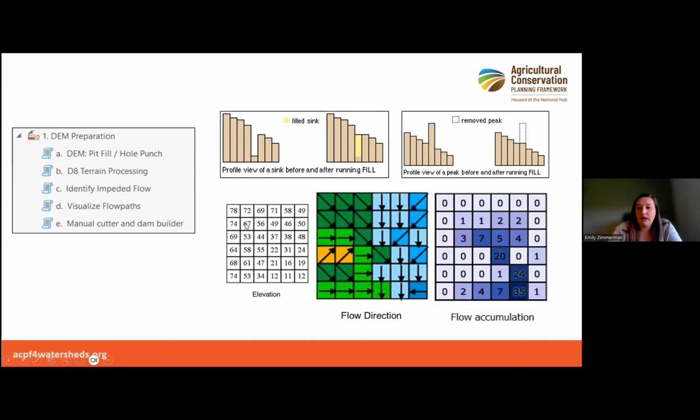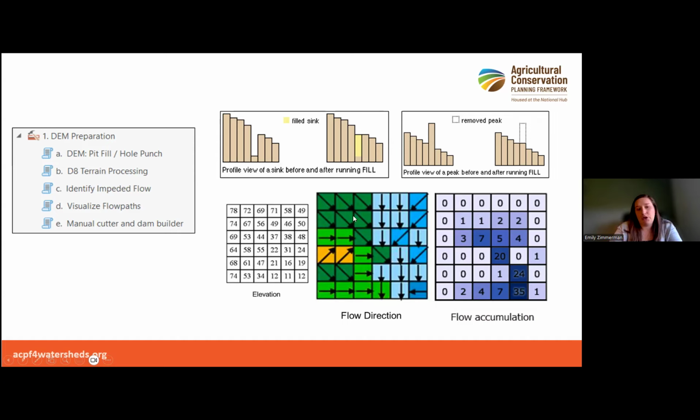Grid cell 67 is going to flow down its lower right-hand corner into grid cell 44. And all of those cells are going to move on down until they all accumulate in number 11, right? That's the lowest elevation that you see in this small grid.